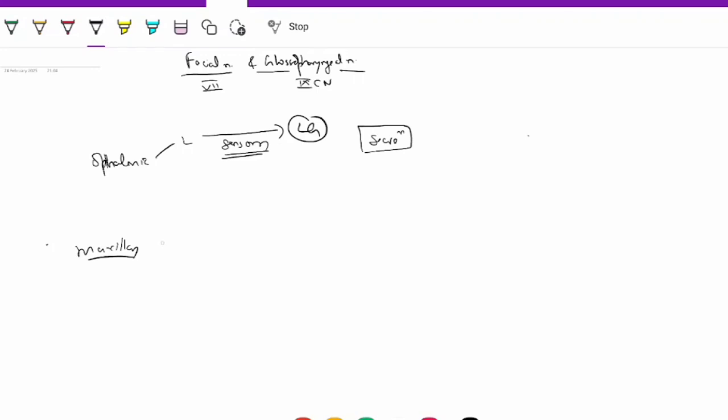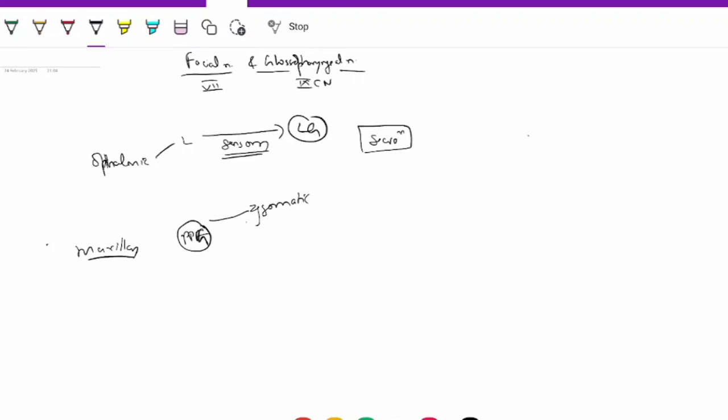If you remember, maxillary, as soon as it exits from foramen rotundum, it forms a ganglion in a fossa. That fossa is known as pterygopalatine fossa, and because of this, that ganglion is known as pterygopalatine ganglion. Right? Now there are ganglionic branches, there are another kind of branches. There was this one branch we talked about, and that branch was known as zygomatic branch.